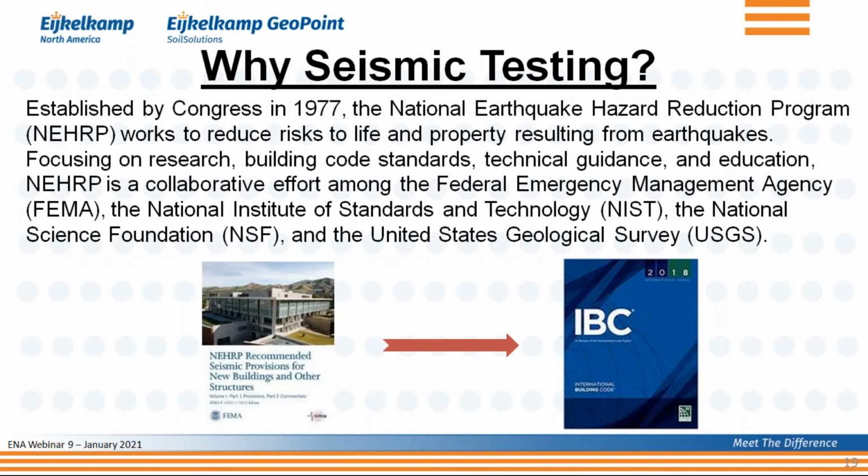Here in the United States, back in the late 1970s, there was a program initiated that you see listed on the screen, and that program really tried to figure out what we need to do to reduce the risk to life and property as a result of earthquakes.